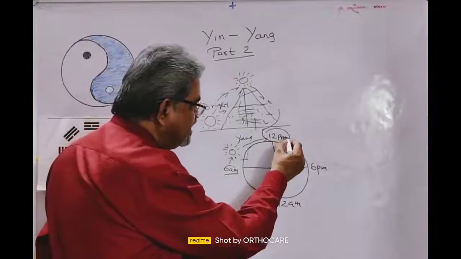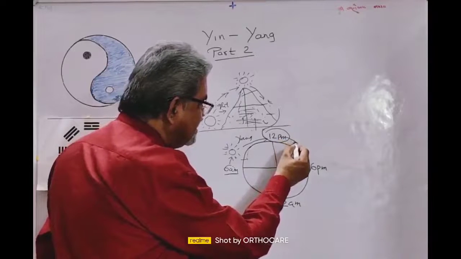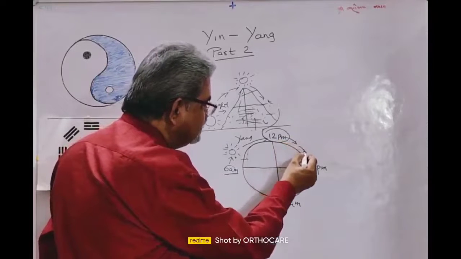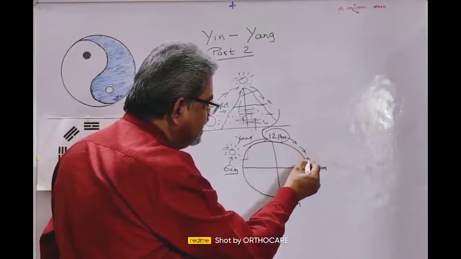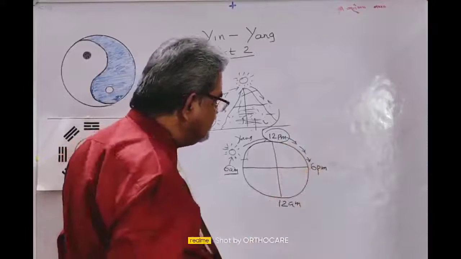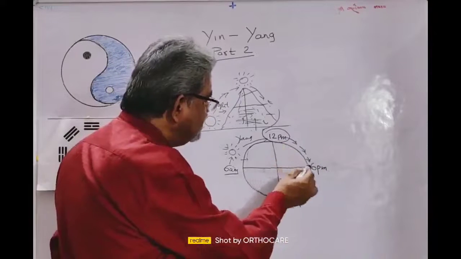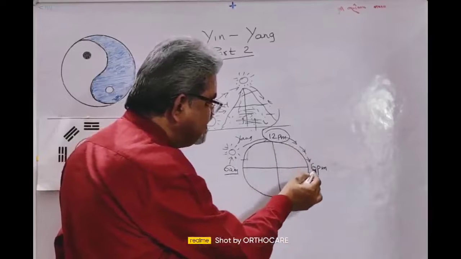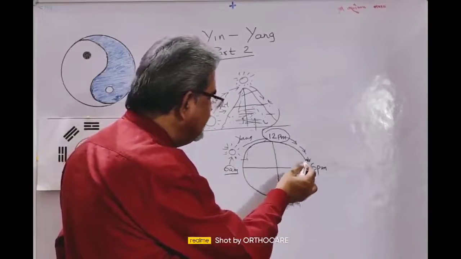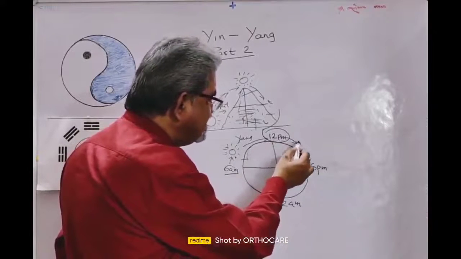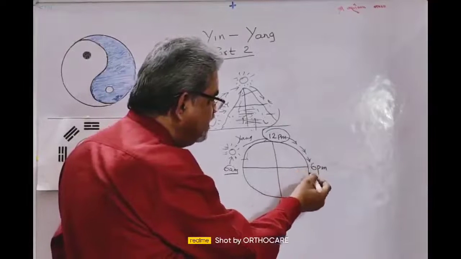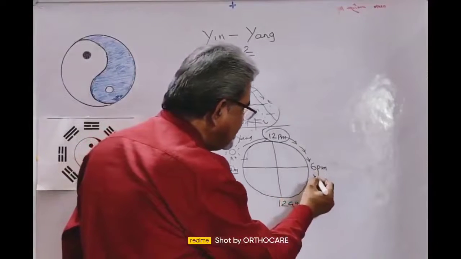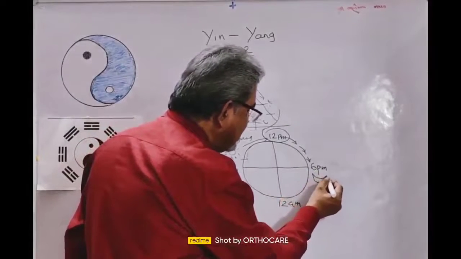After this full yang, the sun goes down this way and reaches 6 p.m. Now this yang is being consumed by yin by 6 p.m., and by 6 p.m. there is a moonrise.